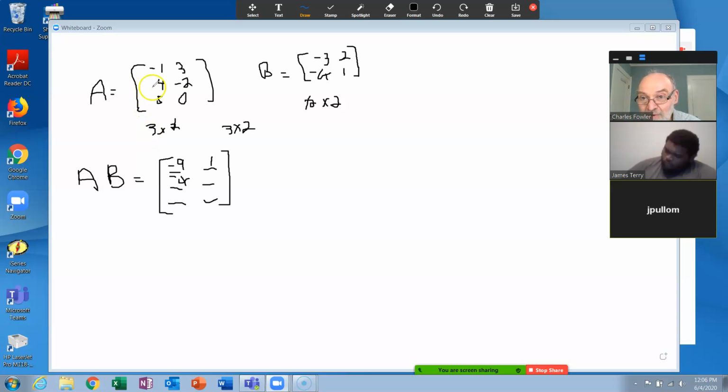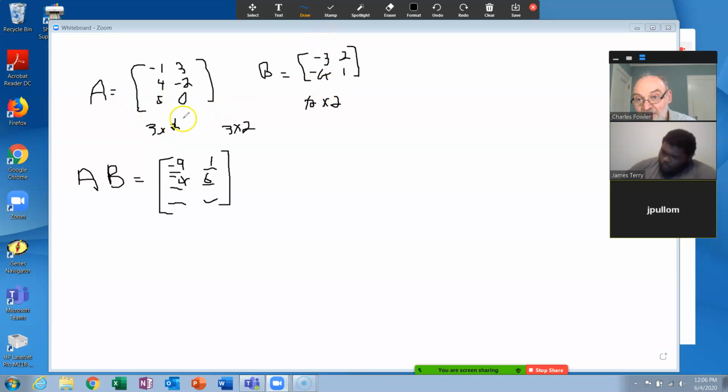So we take the second row of A and multiply it by the second column of B. So 4 times 2 is? 8. And -2 times 1 is? -2. 8 minus 2 is? 6. Perfect.